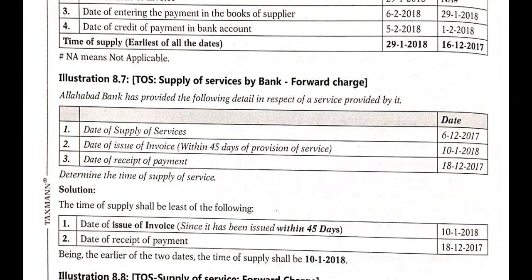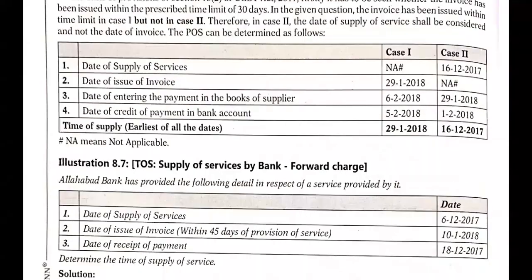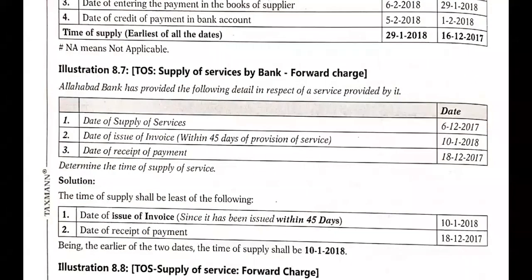So here the date of issue of invoice, since it is within 45 days, right? Because the provision says it is within 45 days, we should take the date as 10/1/2018, whatever date is given. Now the date of receipt of payment is 18/12/2017. The date of supply of services we should not take, because though it is earlier, here the time has been specified.